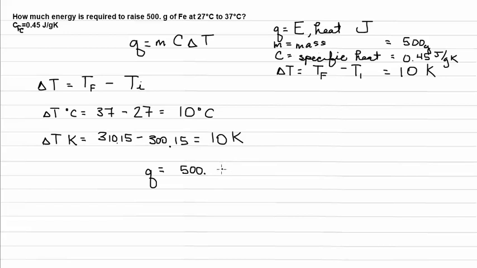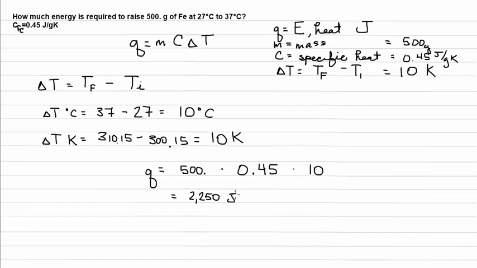So 500 grams times the specific heat capacity, 0.45, times 10 gives us the energy required to raise that piece of iron from 27 to 37 degrees Celsius as 2,250 joules.